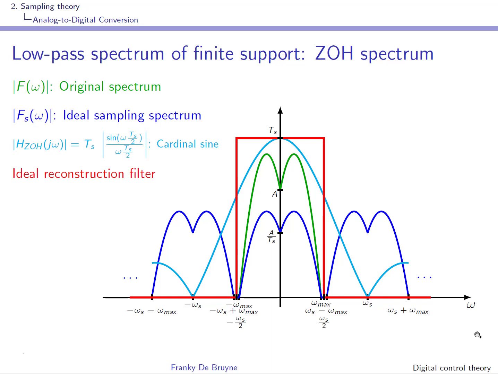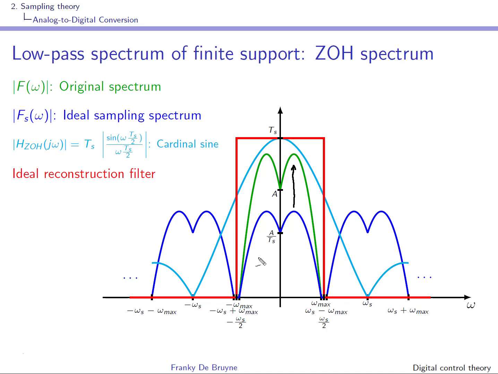So here's the ideal reconstruction filter. It's a rectangular window that selects all frequencies in between minus the Nyquist frequency and the Nyquist frequency, and in this frequency band it multiplies everything by Ts, and you can see that this ideal reconstruction filter will be able to reobtain the original spectrum from the central motif in the ideal sampling spectrum.